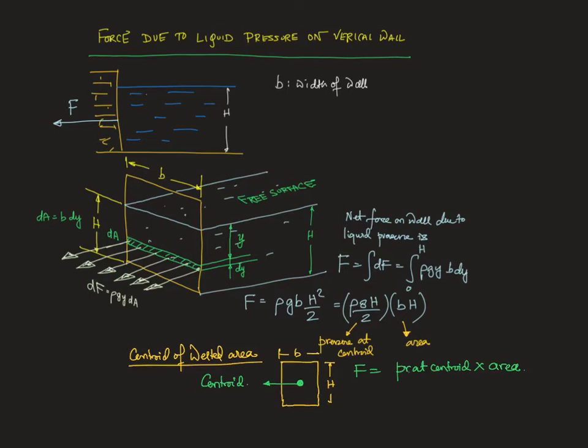Now the wetted area may not be rectangular. Then we will do that general proof now, where the wetted area is not a rectangle. So I'll take any arbitrary shape of this wetted area. I think you can guess what it is all about. So this is a liquid.